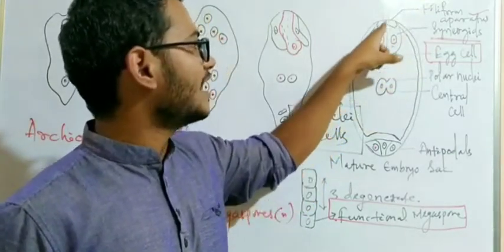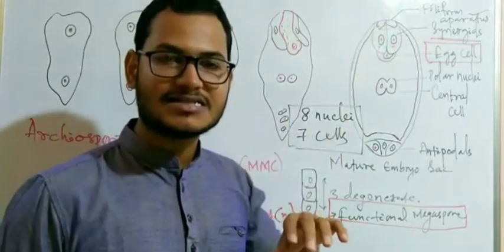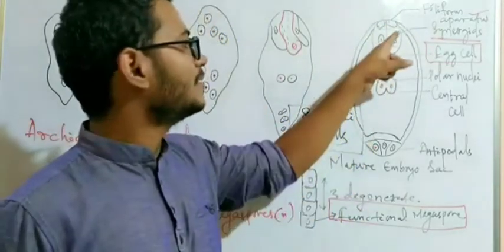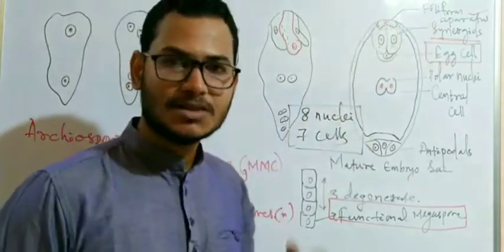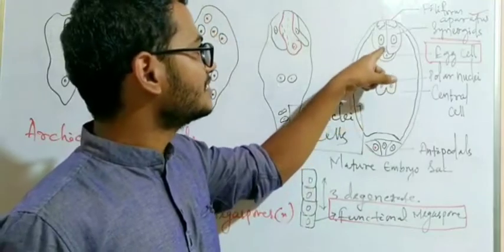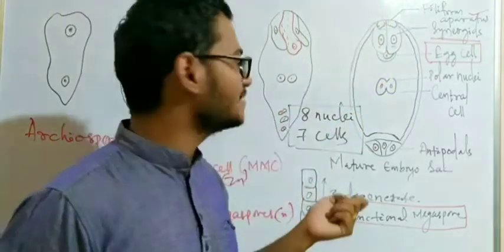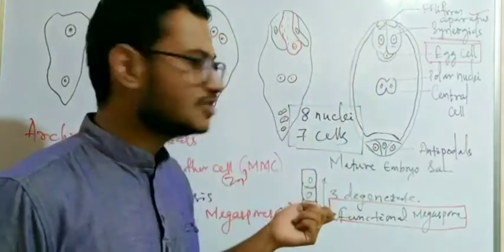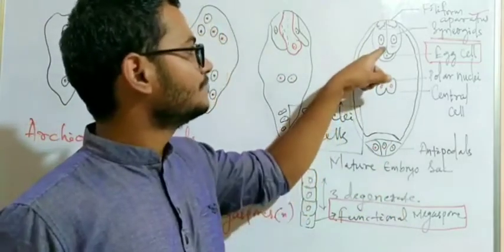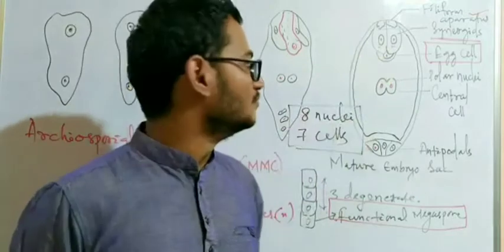The synergids have some finger-like projections known as the filiform apparatus. The filiform apparatus guides the pollen tube to enter into the synergids. The filiform apparatus receives the male pronuclei that come through the style and enter into the synergids through the pollen tube.